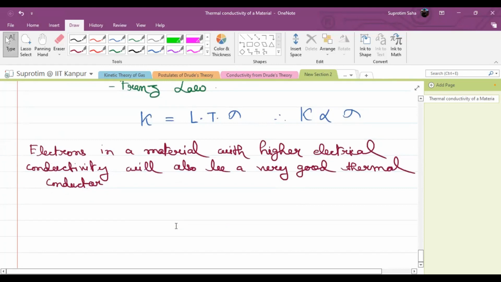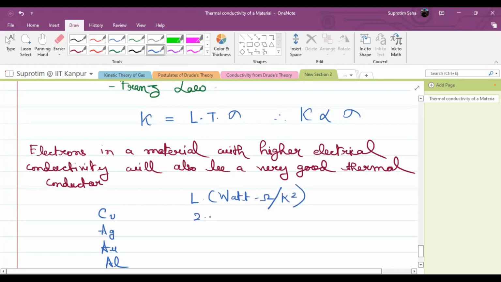So I have to produce some numbers for this constant L, the ratio of thermal conductivity to electrical conductivity, let's say for copper, silver, gold, and aluminum. L has units of watt ohm per Kelvin squared. For copper, it is 2.29 times 10 raised to minus 8.